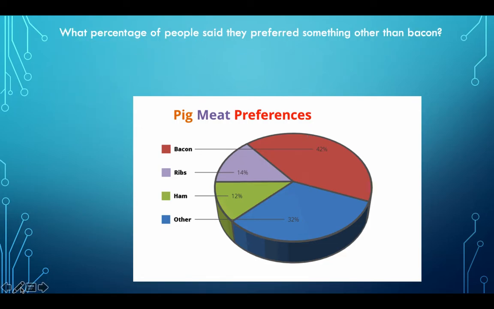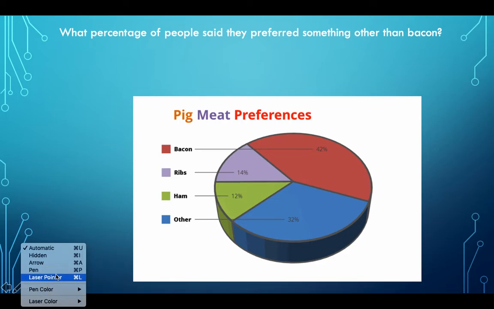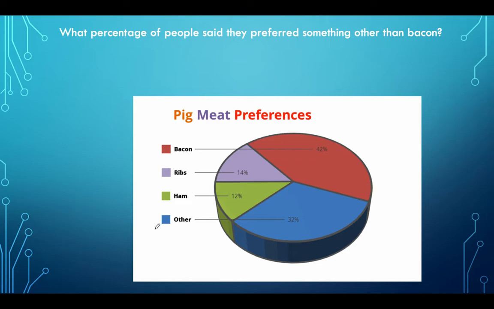What percentage of people said they preferred something other than bacon? So people that aren't picking bacon. There's a couple things you could do. First, you could just add together all of the other meats. So ribs is 14%, and other than bacon, there's ham, which is 12%.